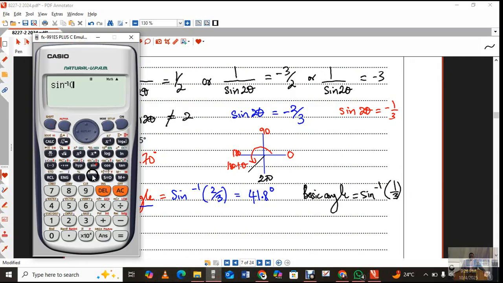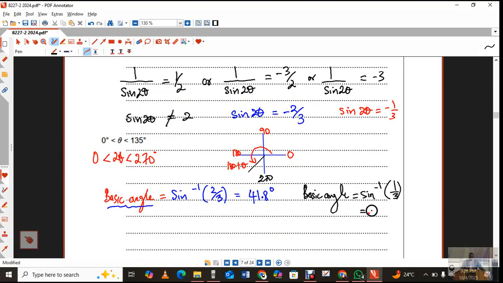Hopefully you're not getting confused. That is 1 upon 3, and we get an angle of 19.5. So I'm just going to write here 19.5 degrees.